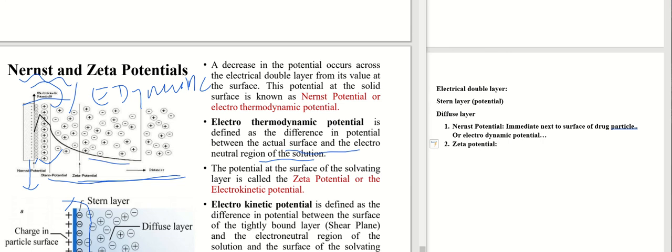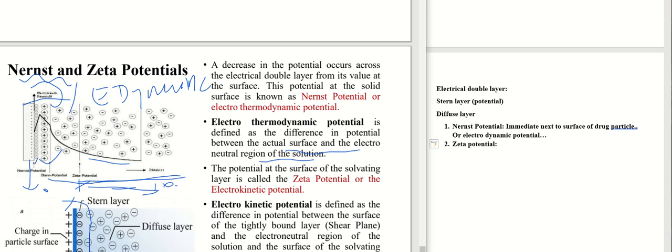The particles will remain at a distance from each other. They will not form floccules. So we should always make sure that the distance between the particles is lessened, which means the potential should be lessened. So the zeta potential should be much lesser.